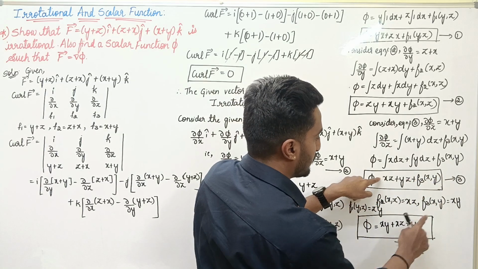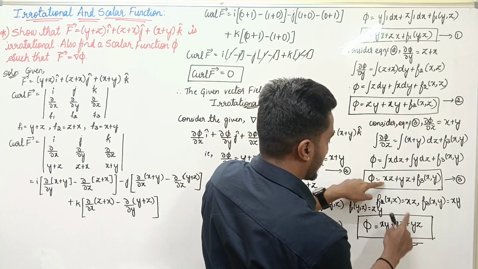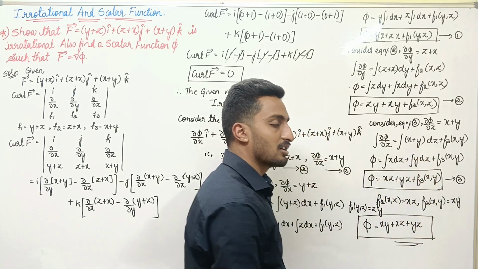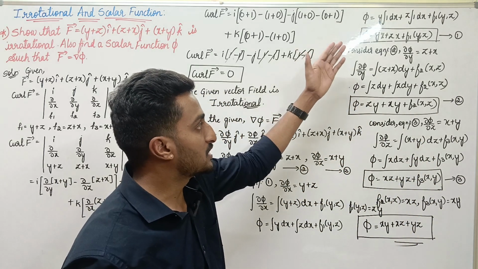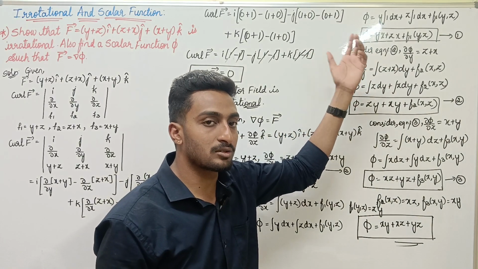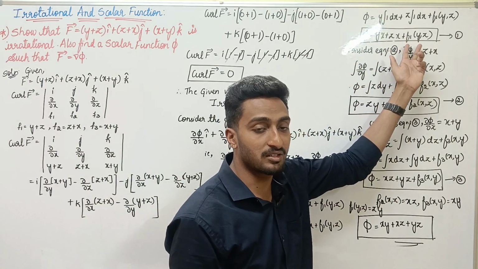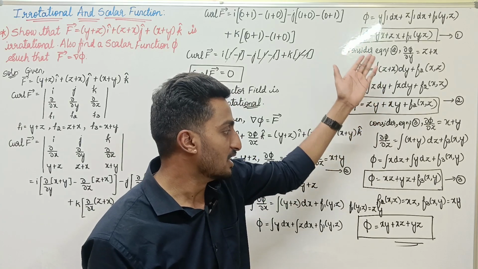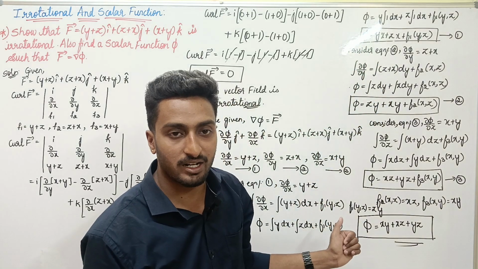Now equation 3, if I give xy, we have xz, yes, we have yz, so equation 3 is also satisfied. That means whichever scalar function doesn't have a term, we give that function and satisfy the scalar function. This is how we are going to find the scalar function.